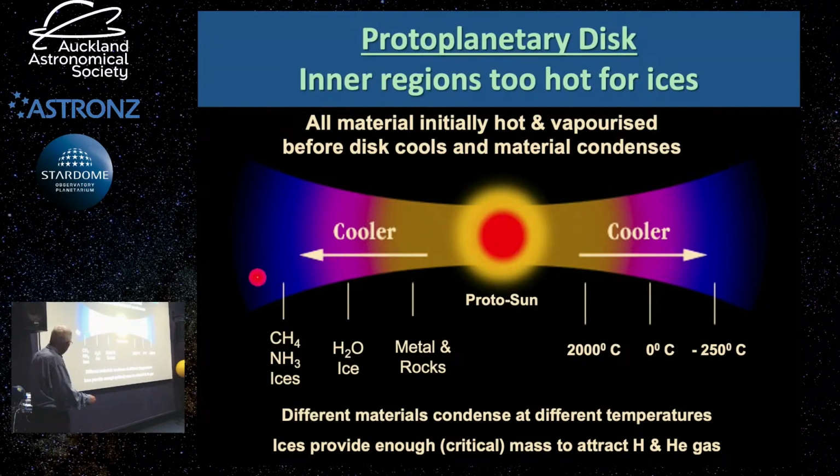Your ices form here, and then as you get out to a certain point, you've got enough ice to reach a critical mass to start pulling in all the gas, the hydrogen and helium around you. And of course, 98% of the whole deal is hydrogen and helium, so you've just got oodles of it. So you get small rocky planets, pretty large ice giants, but you get these big massive gas giants. And that's the reason why, because of the temperature gradient combined with the universal abundance of elements concept.